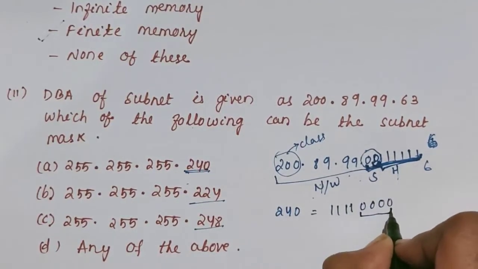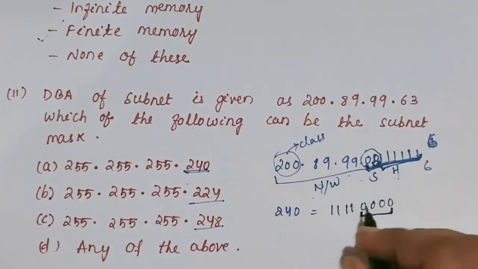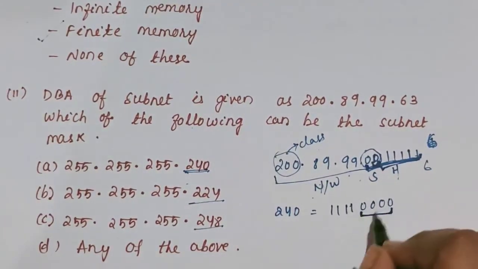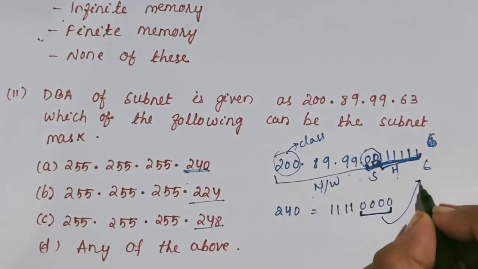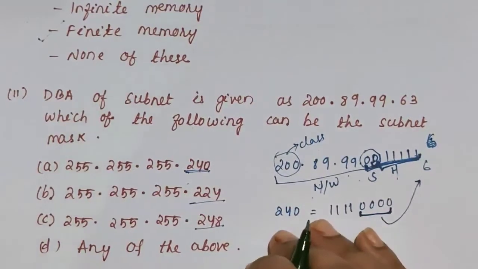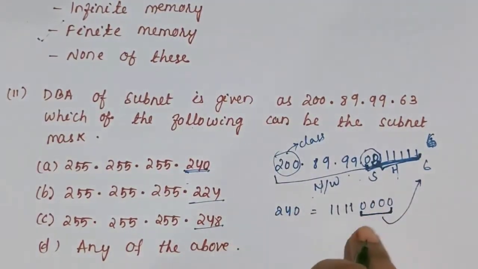You have to check the number of zeros because these are the host bits. So this should be less than or equal to 6, then only we can assign the subnet mask.